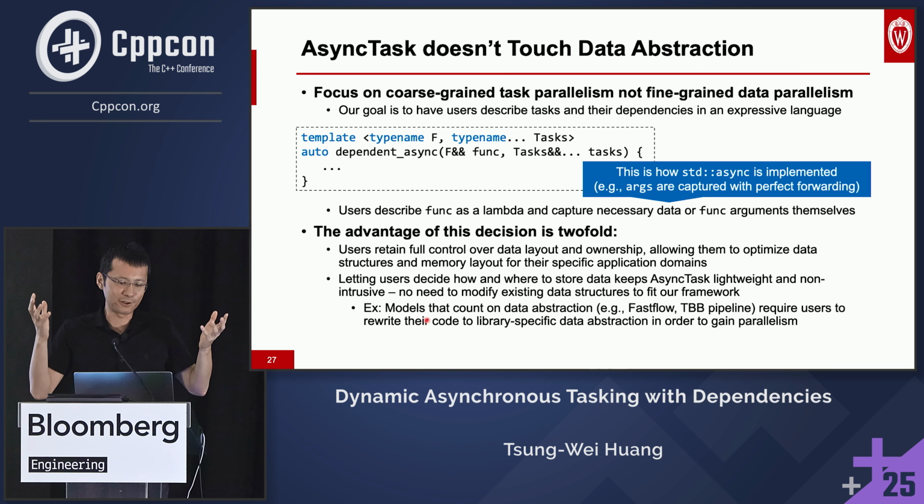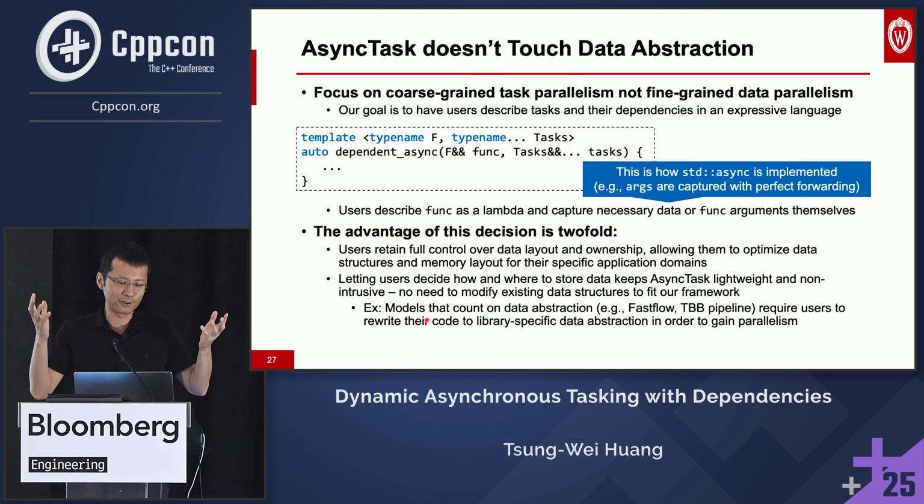Now, I am going to talk about how we overcome some of the scheduling challenges to support our programming model. Our scheduler is built on top of Taskflow's work stealing scheduler, which has two levels, task level and worker level. At the task level, the job is to decide which task to enqueue to which worker whenever its dependency is satisfied.